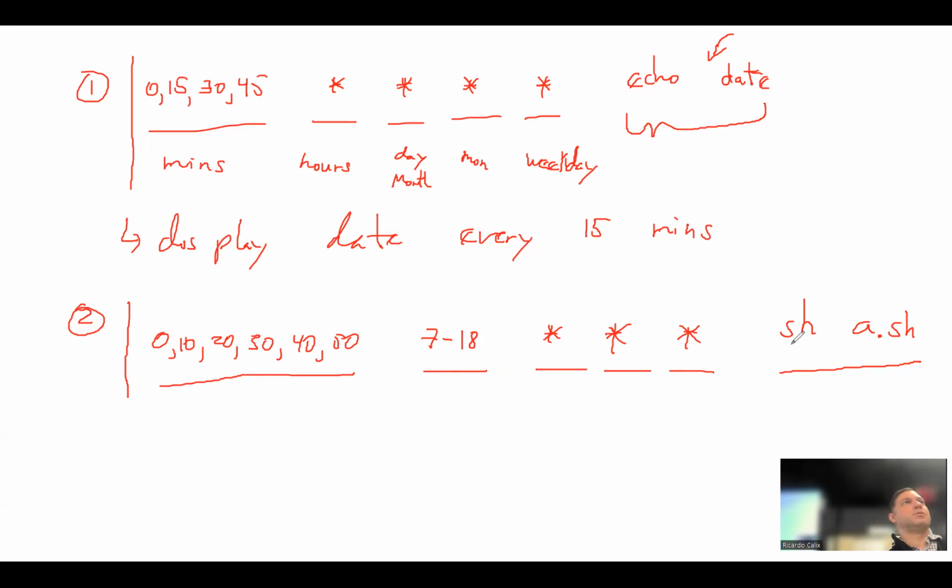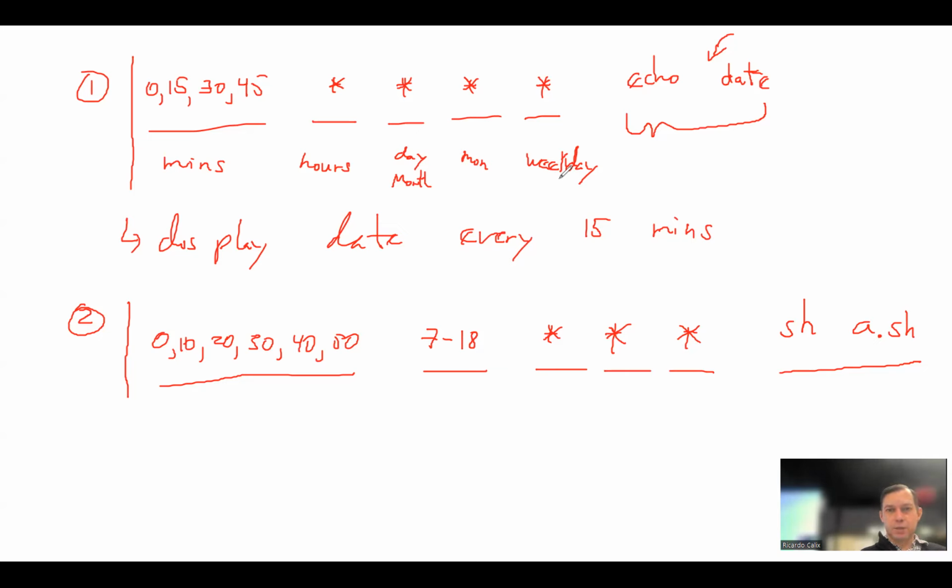Oh, yeah, so this would be day of month and weekday. So basically, you can say here that it's going to run every 10 minutes from 7 a.m. to, as you said, 6 p.m. Got it? Any questions? So basically daily, right? It's a daily kind of a thing.